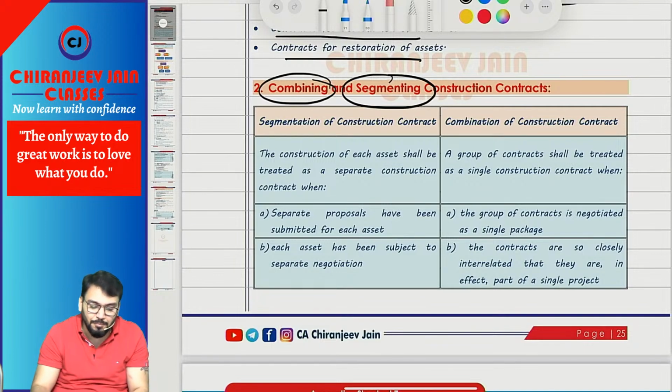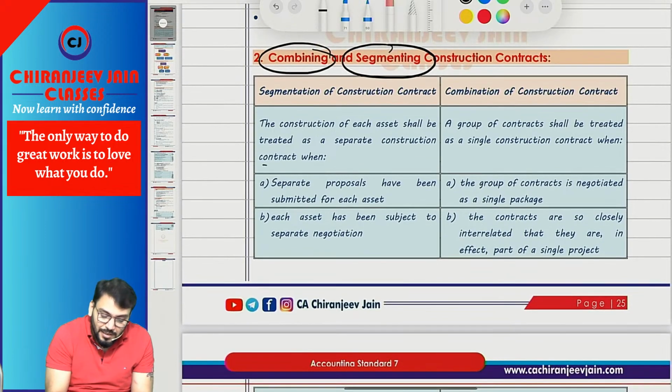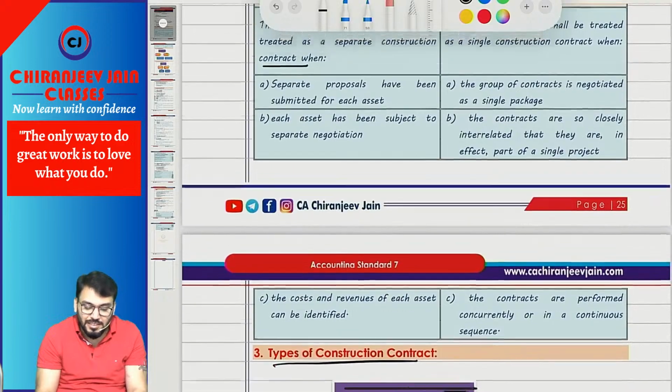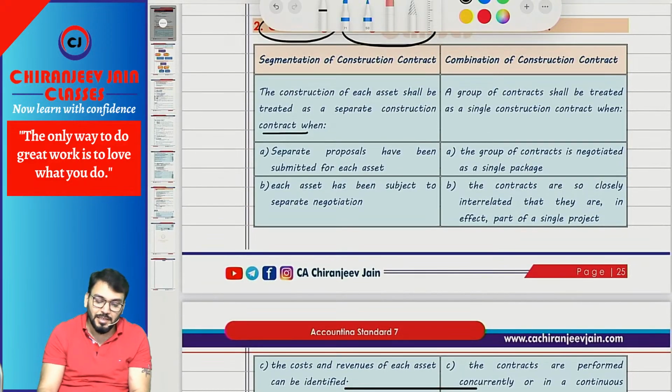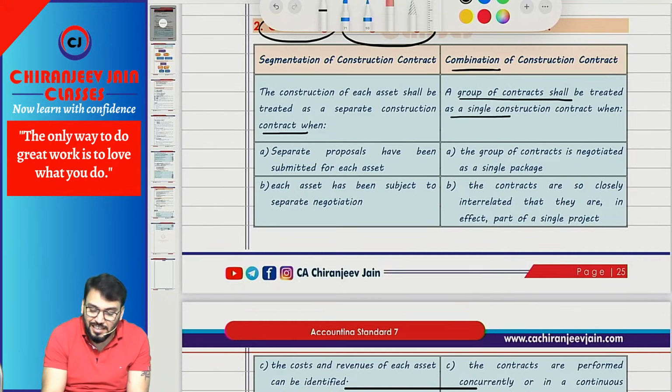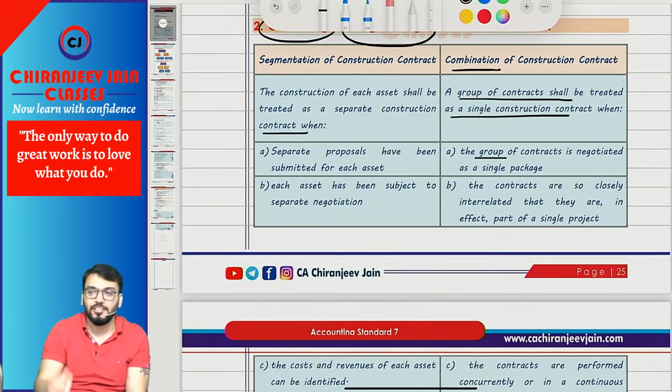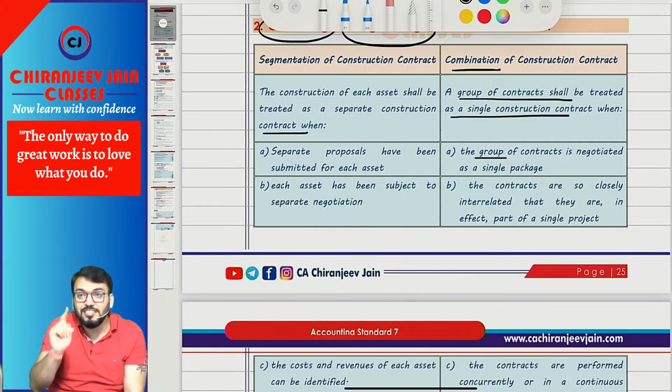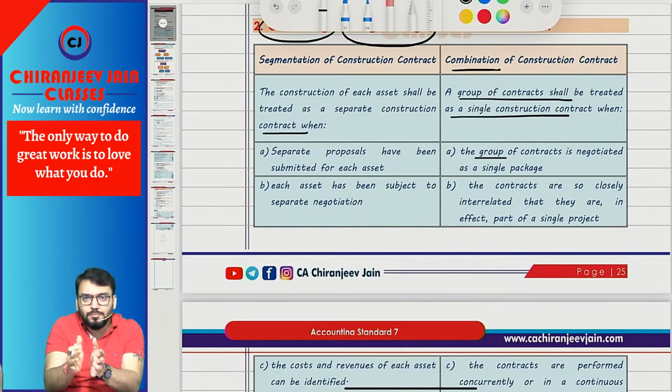So they say it can be combined when three conditions are satisfied. First we will do this combination. A group of construction contracts shall be treated as a single construction contract when the group of contracts is negotiated as a single package, meaning the entire group has been negotiated as a single package.